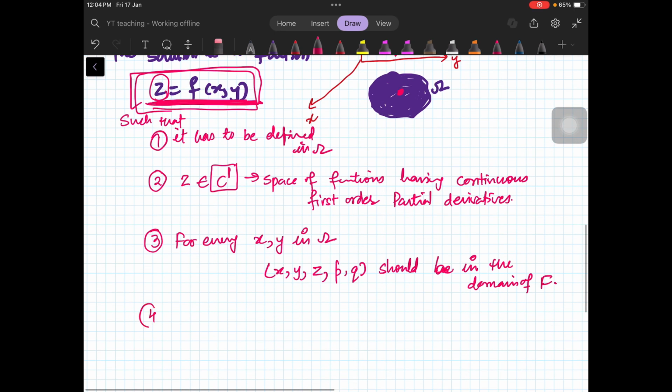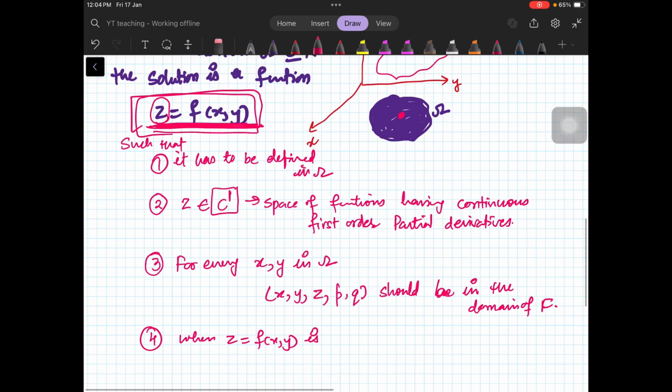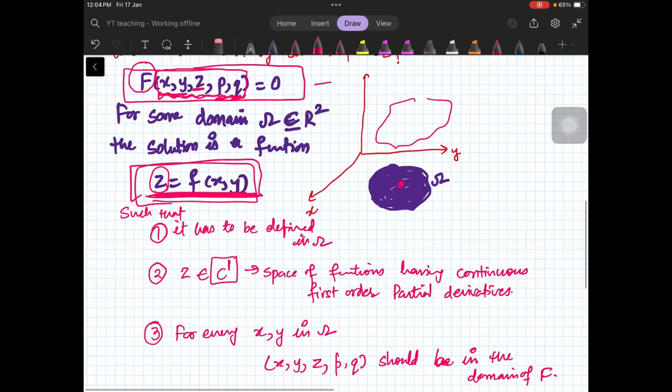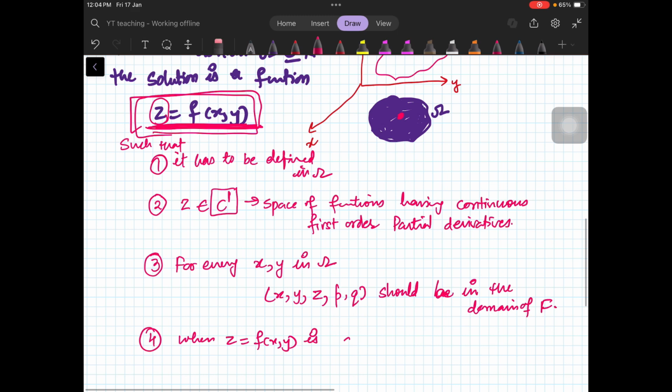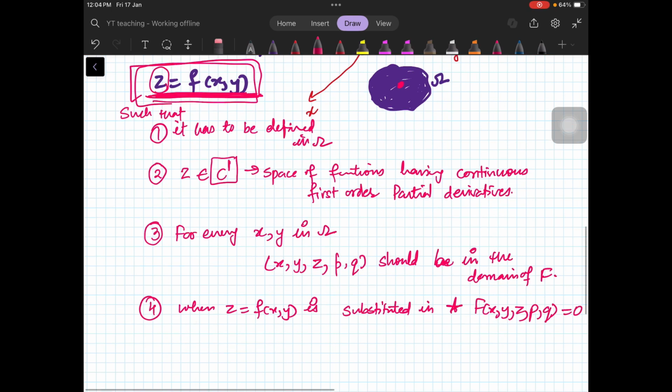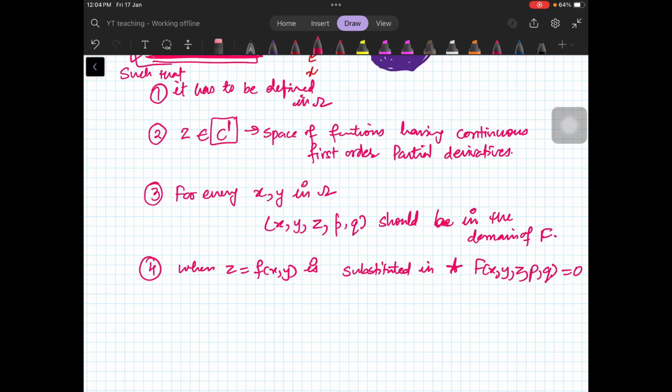And then the fourth point is, when z equal to f of x comma y is substituted into our equation, let us call it star, that is F of x comma y comma z comma p comma q equal to 0, it should reduce to an identity for all x and y in omega.